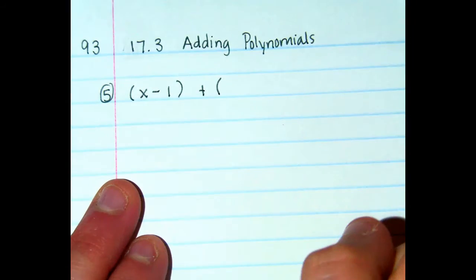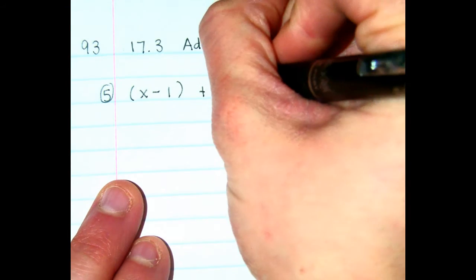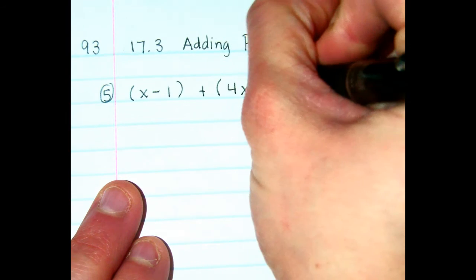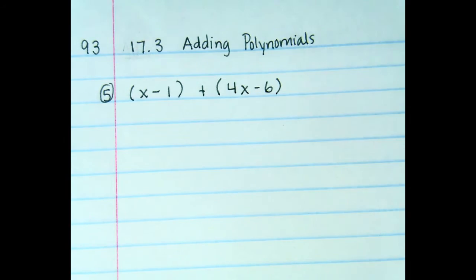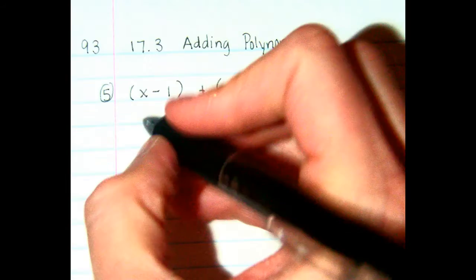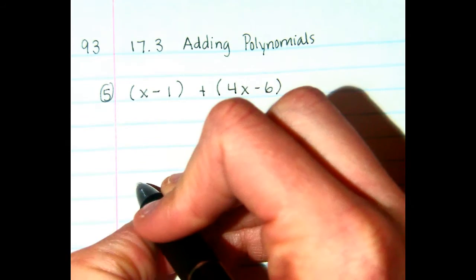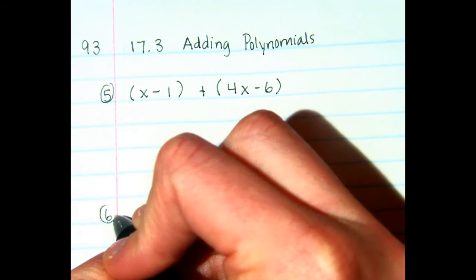And you've got x minus 1 plus 4x minus 6. I'm going to skip about 4 lines and give you number 6. And I want you to work on both of these.